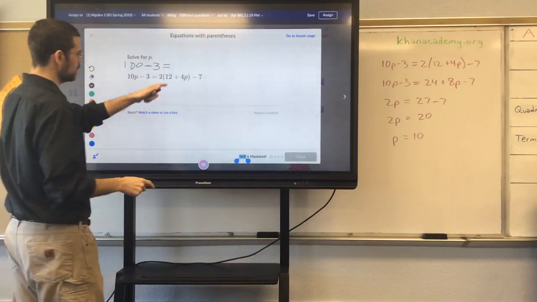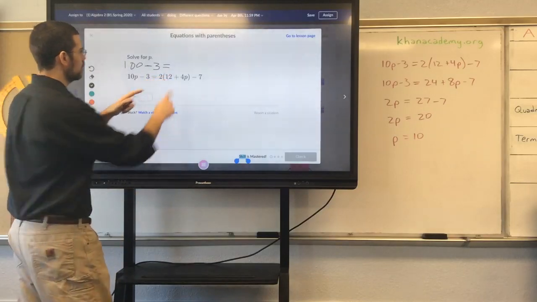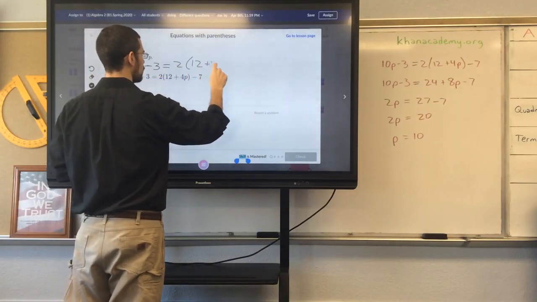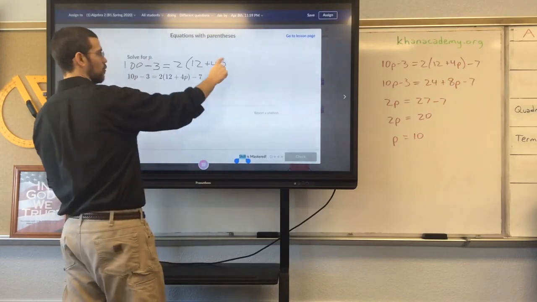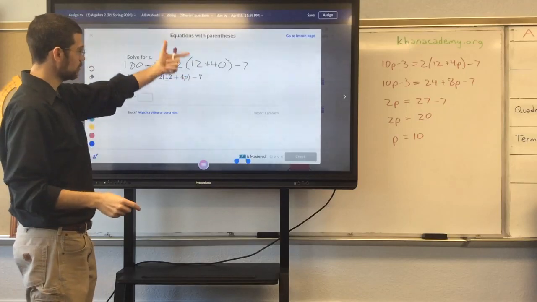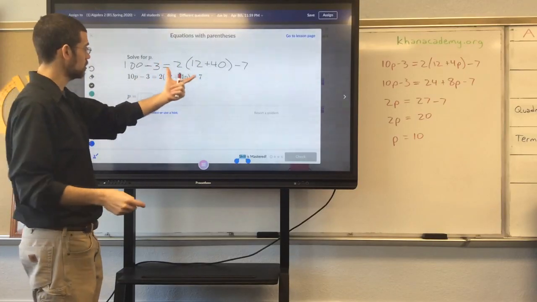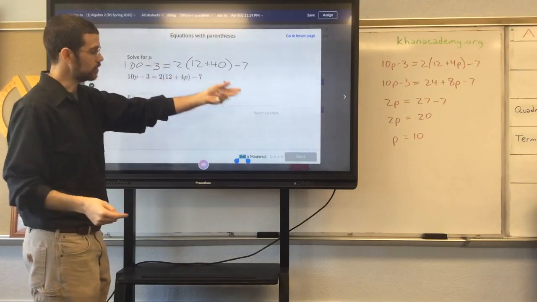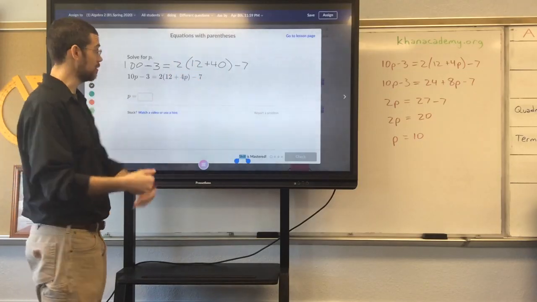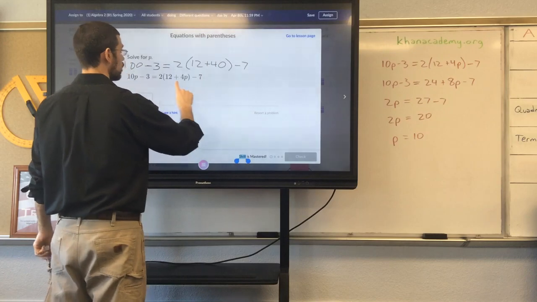And then on this side of the equation we have 2 times 12 plus 40, 4 times 10 is 40, so we have 12 plus 40 inside, so we can do that first. Or we could distribute like we did when we solved it, but since we now have numbers in here, let's just add them. So we get 52.